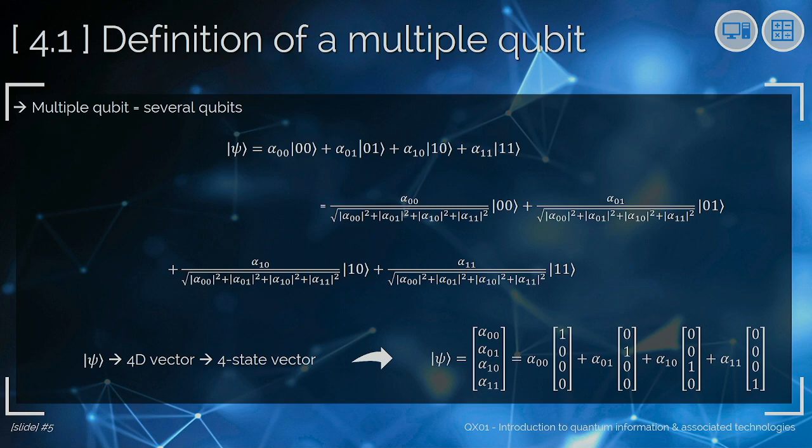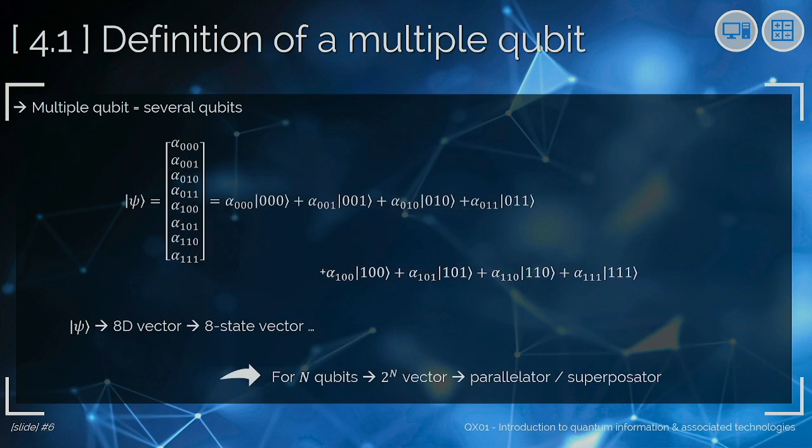So if we have a look at 3 qubits, then what we get now is an 8-dimensional vector. Again, the idea of having 2 to the power of n, where n is the number of qubits. So that's now the space that 3 qubits would live in, where you have 8 coefficients and all the 8 possibilities in a superposition state going from 000 to 111.